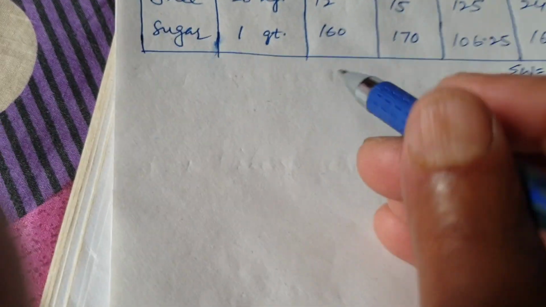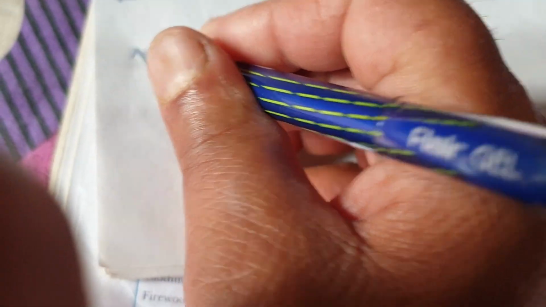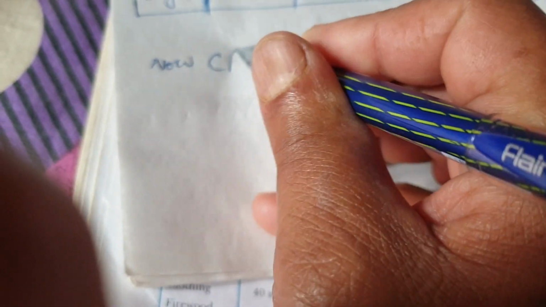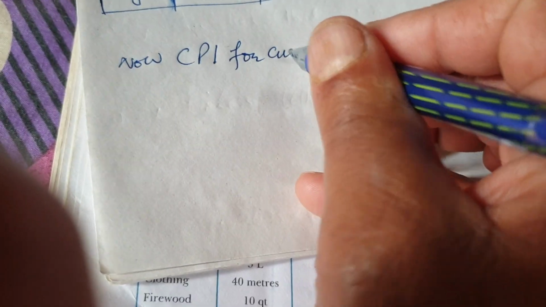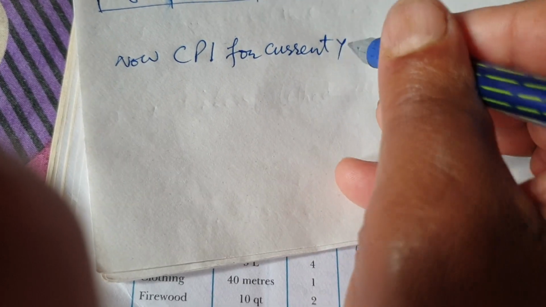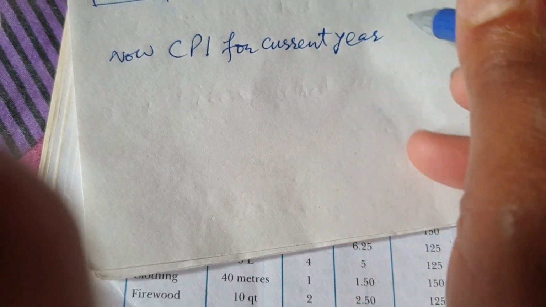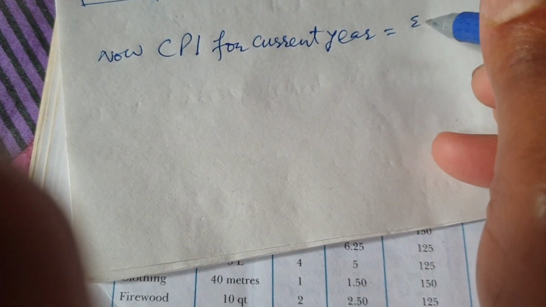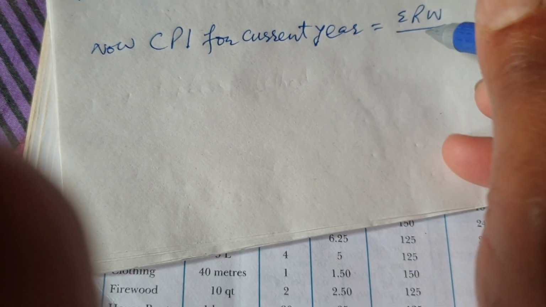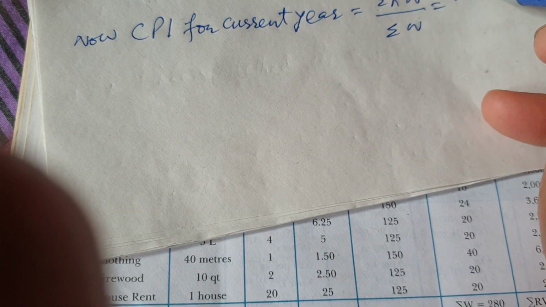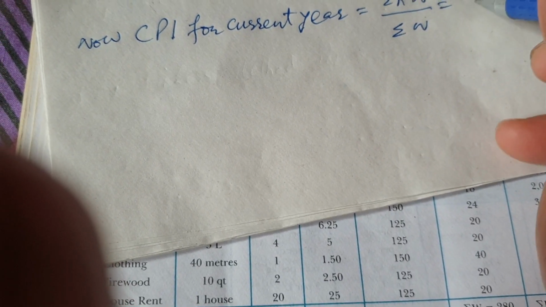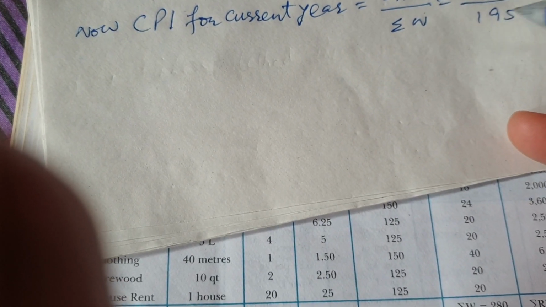Now the consumer price index for the current year by the family budget method is equal to sigma RW divided by sigma W. So that is 220,999 divided by 1950.